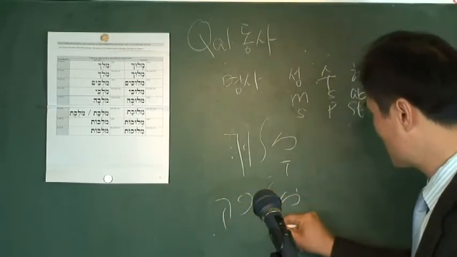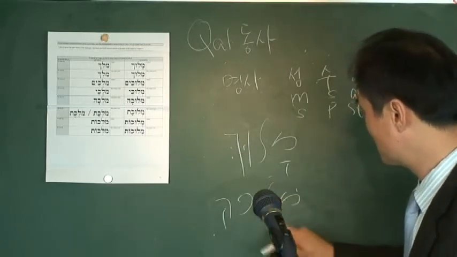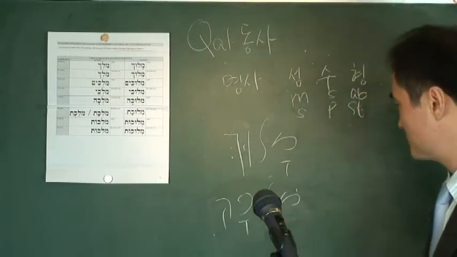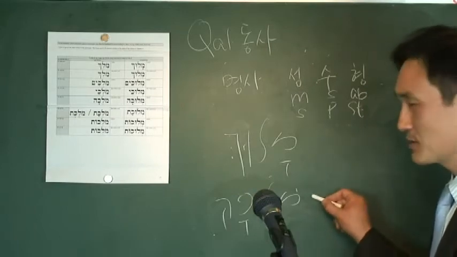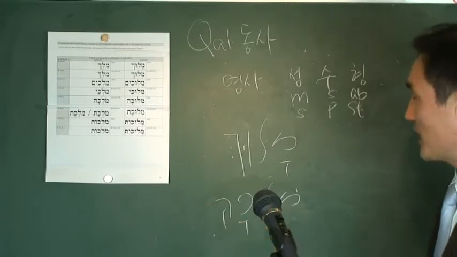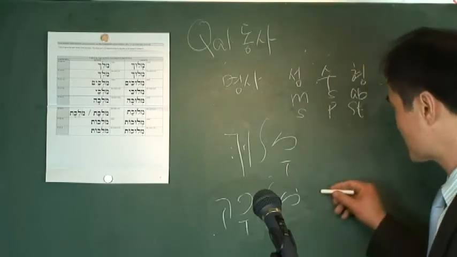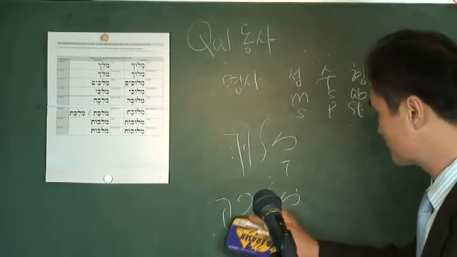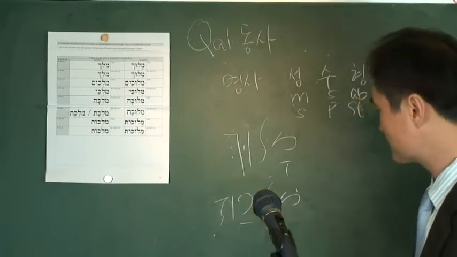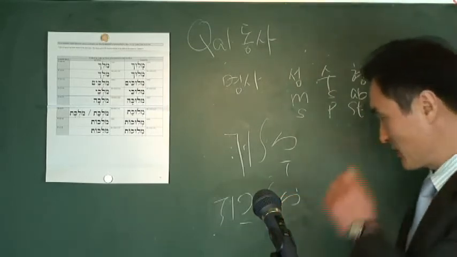A is added to the feminine form. Hence, it would be maluka. This is the feminine singular absolute state. When at is added to the feminine singular absolute, it would become a feminine singular construct.